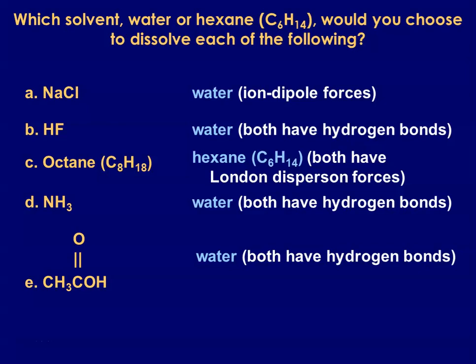I will tell you, however, if that carbon chain had been much longer, if instead of having CH3, we had like C8H17, an octane-like chain attached to that carbon, because there was an overwhelming nonpolar component to that molecule, it would have been more likely to dissolve in hexane than it would have been in water. So you do need to keep in mind that it's not just the type of force, but the amount of forces present that will have an impact on the dissolving process.